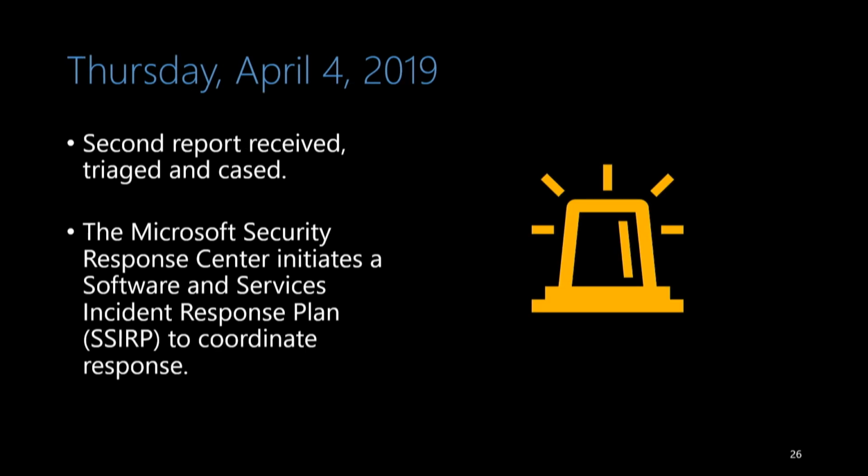Soon, a few days later, Ron's report followed, and since this was a second discovery of the same vulnerability in a few days' time, Microsoft Security Response Center declared SERP. SERP is a process that Microsoft follows to handle elevated attacks on customers.